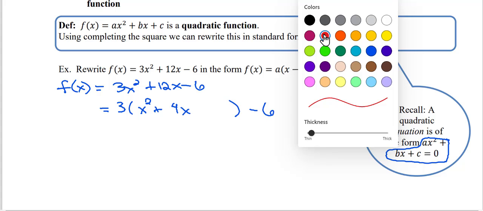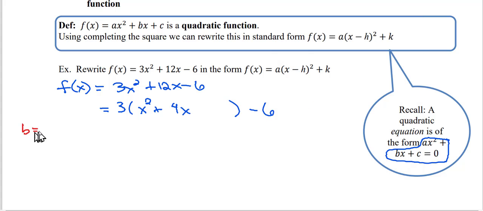Let's take a look here. If you recall, we took the b, which in this case is 4 after the 3 is factored out, divided it by 2, and then squared that whole thing. And you get 4. 2 squared, 4. We're going to add 4.